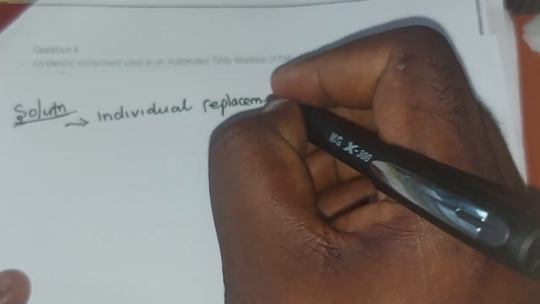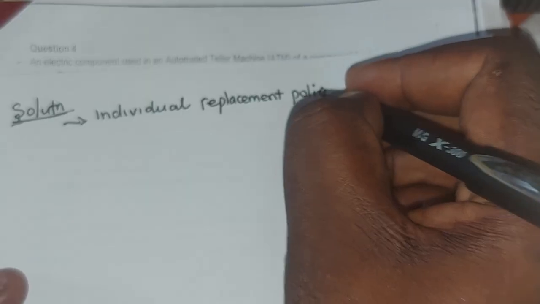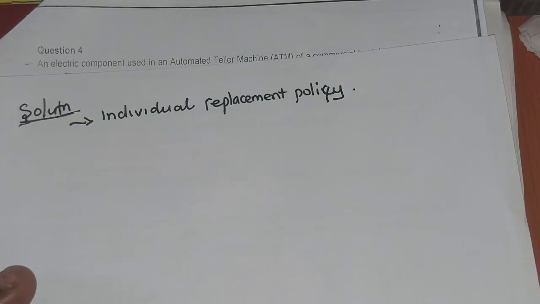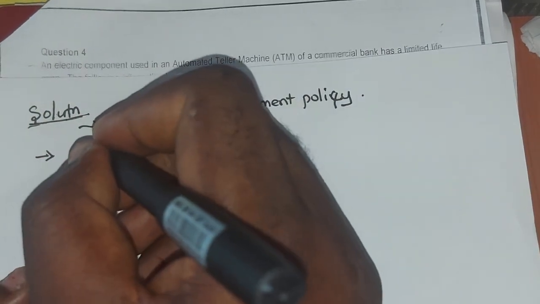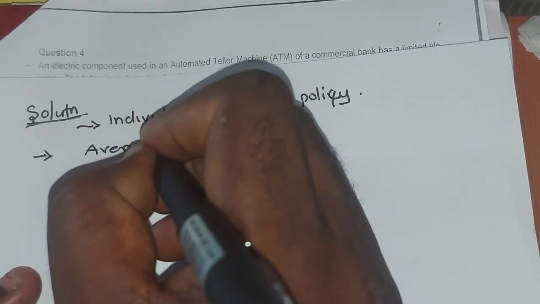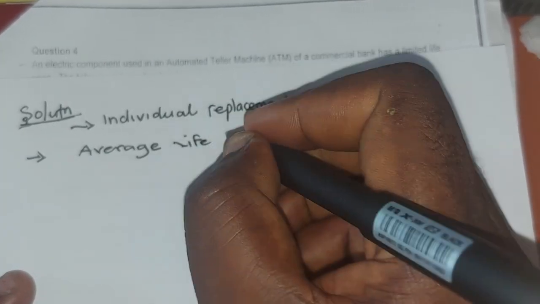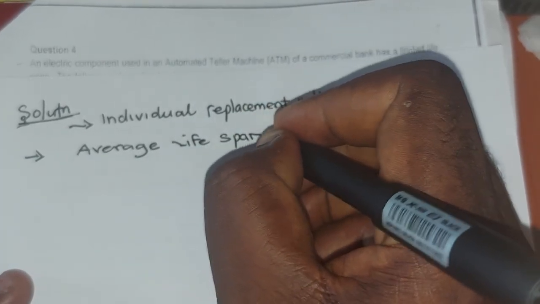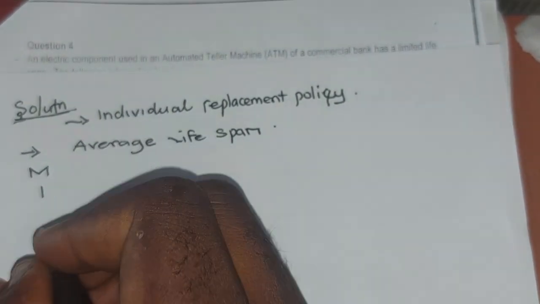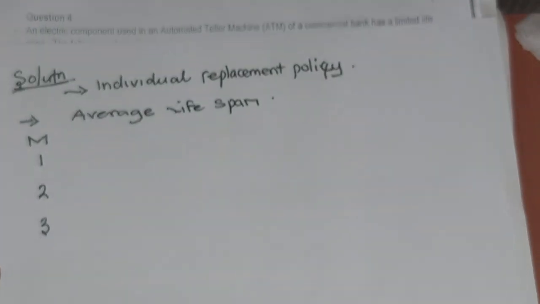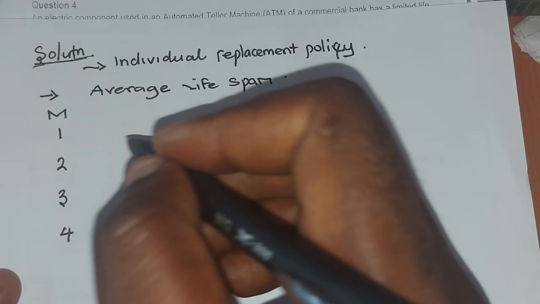The first thing is to determine the average lifespan, and to do that, you start with months: month 1, 2, 3, and 4.